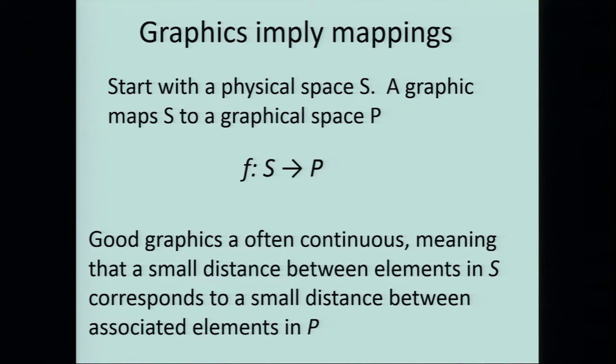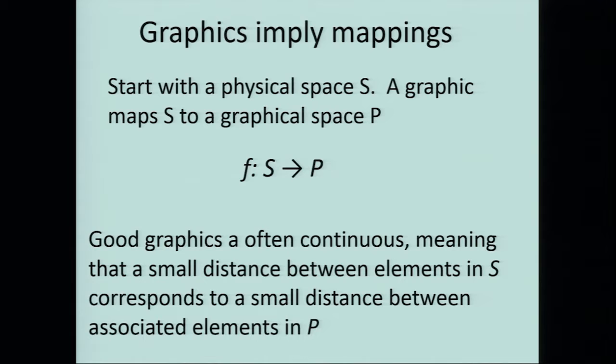Well, one connection is this notion that every graphic is a mapping. So I have some physical space, the physical space of data, if you will. I'm talking about genes or heart disease or whatever it is. And then I have the pure graphical space, in this case represented with a P, and then I go from one to the other.